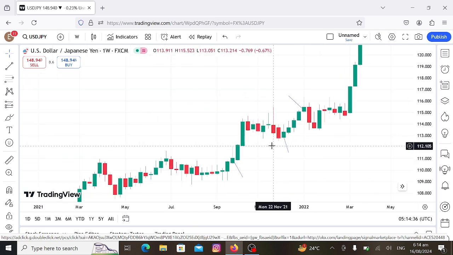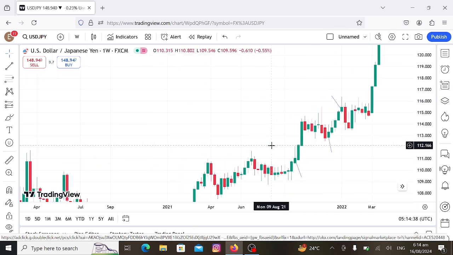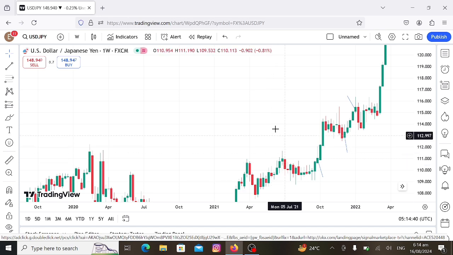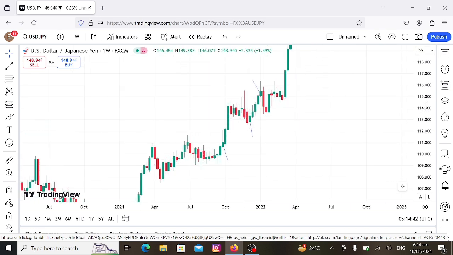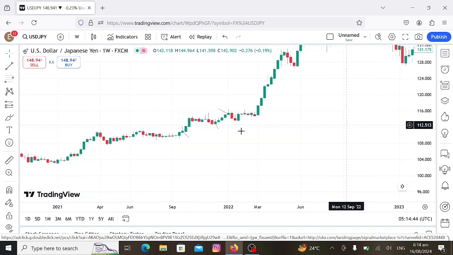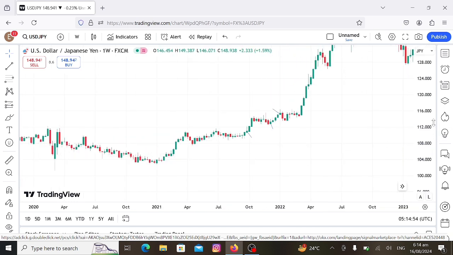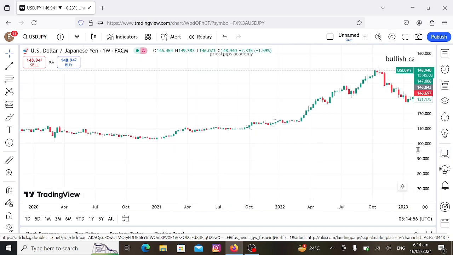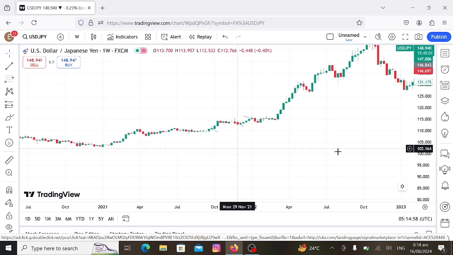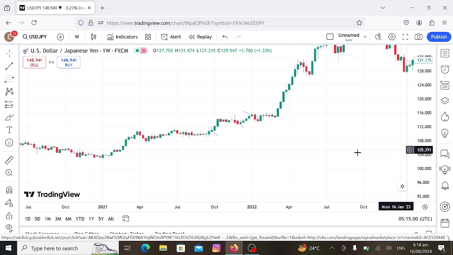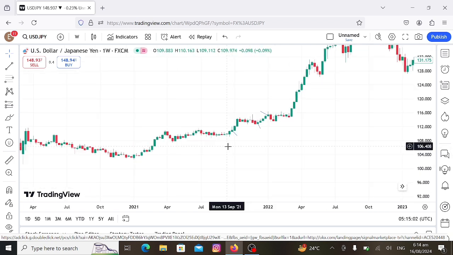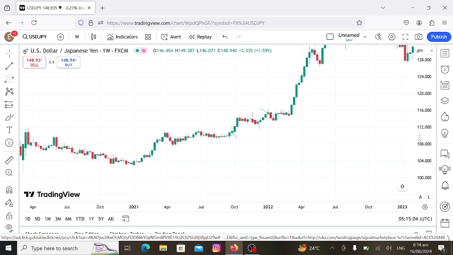I have more than these here. But for now, the ones we take should be from this zone here. This is an inverse hammer. So imagine trading this candlestick pattern. Note, if you are looking to trade a candlestick pattern, you should look at the higher time frame.